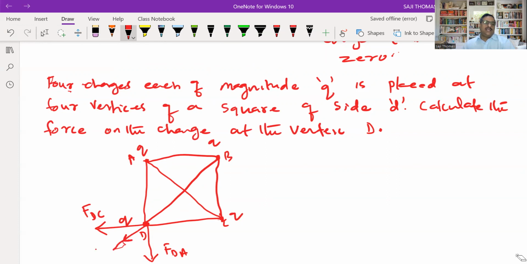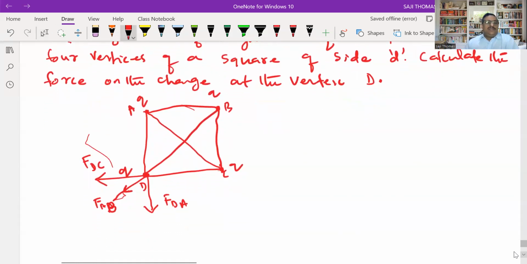This is FDB. Now listen, so these are the 3 forces acting on the charge at the corner D.